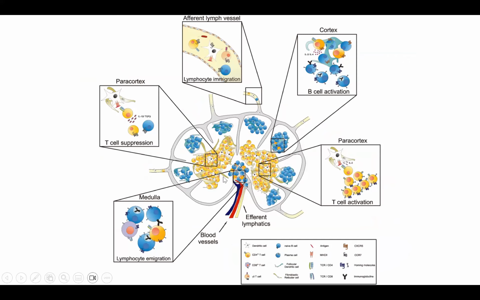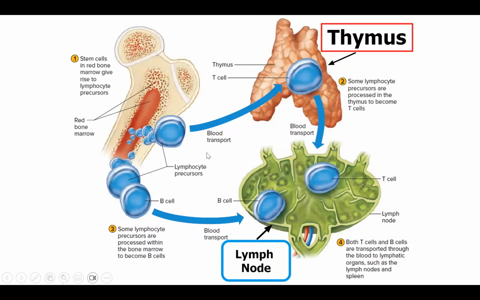The paracortex is a T zone. The cortex is the B zone for the B cells, and they overlap in a BT zone. That's important, but just remember they domicile in different areas of the lymph node: T cells in the paracortex and B cells in the cortex.